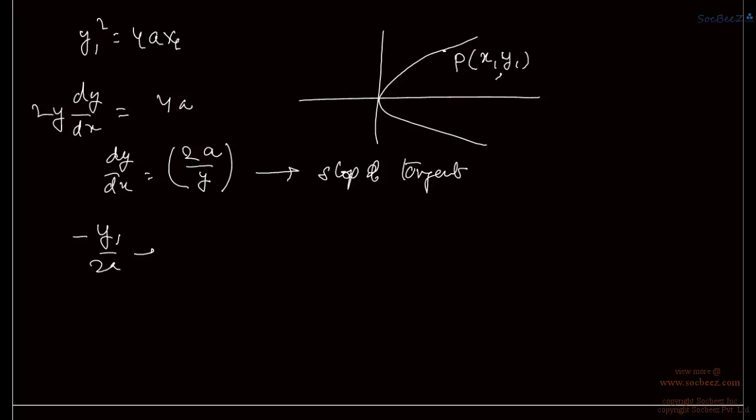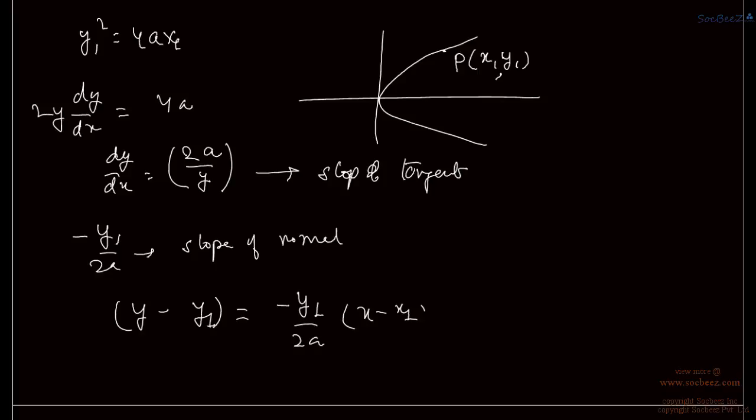So minus y1 upon 2a is the slope of normal. So we have y minus y1 is equal to minus y1 upon 2a times x minus x1 as the equation of normal in point form. Okay.